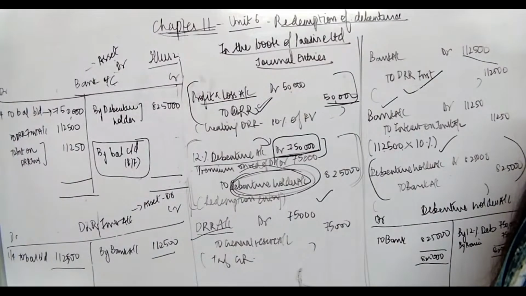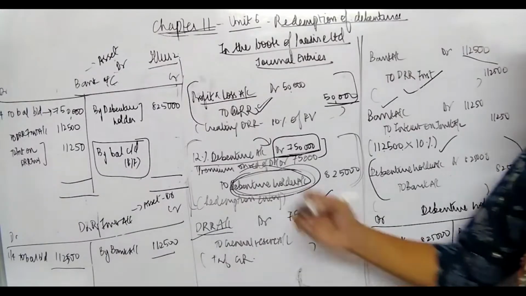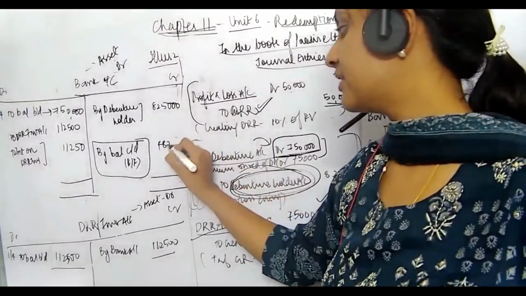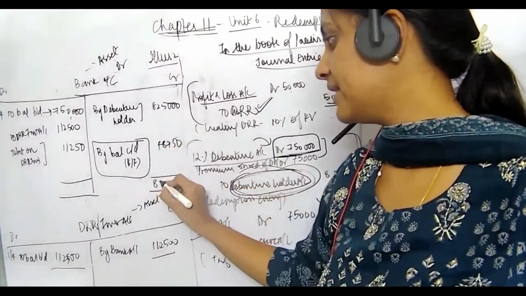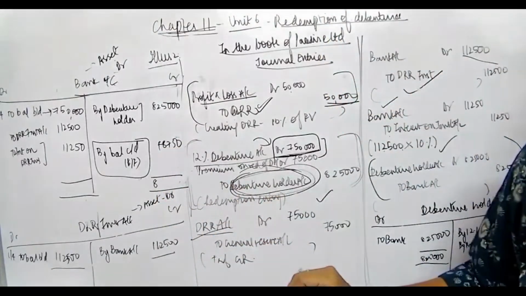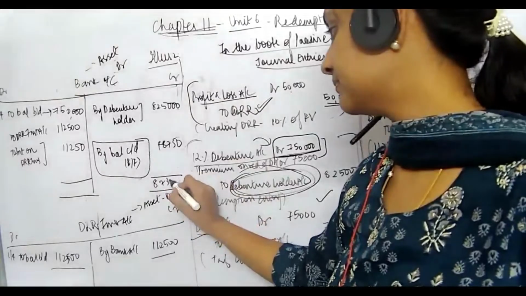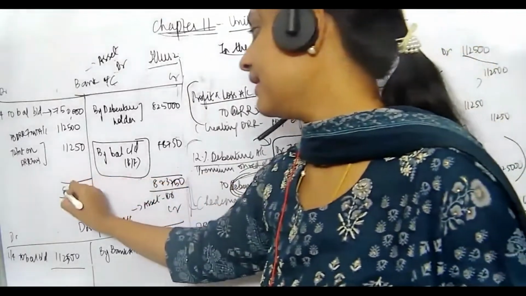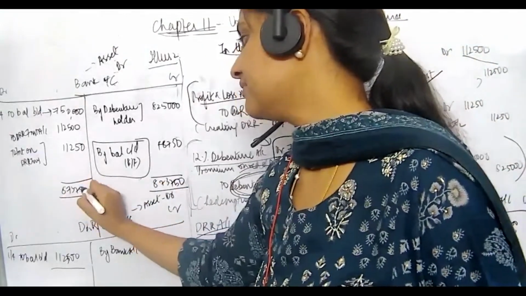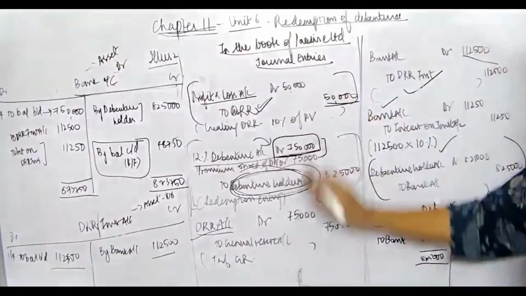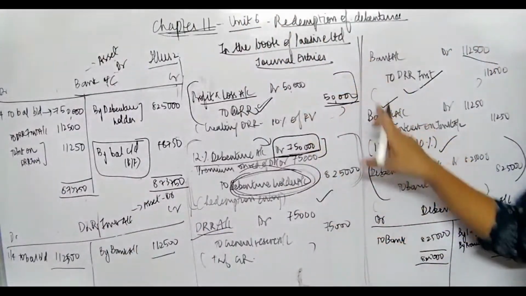Okay, it comes to 48,750 is the value. This total comes to 8,73,750. That's all.